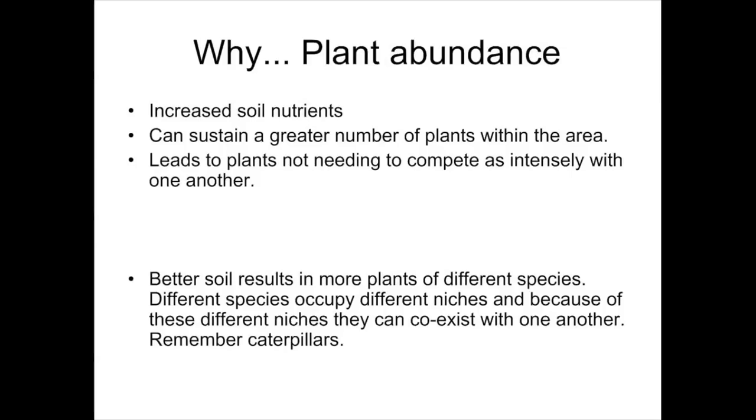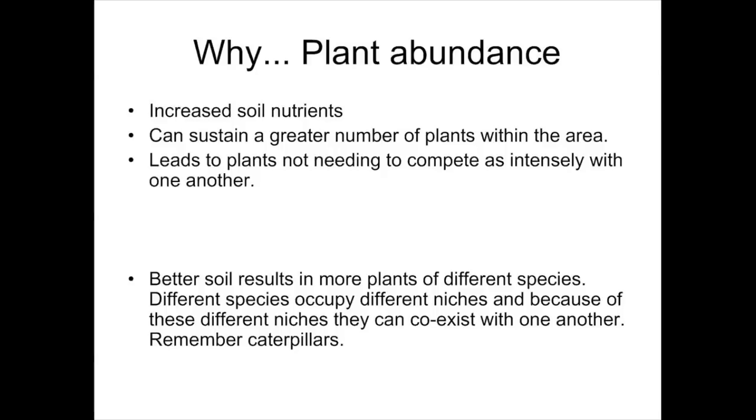So why is plant abundance greater in Stage 4 than in Stage 3? The main reason is we're talking about the soil. Stage 4 has a better soil quality than the Stage 3 environments. Because of this increased soil nutrients, the forest can sustain a greater number of plants within that area.